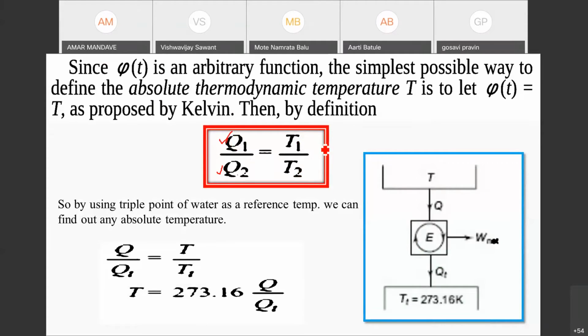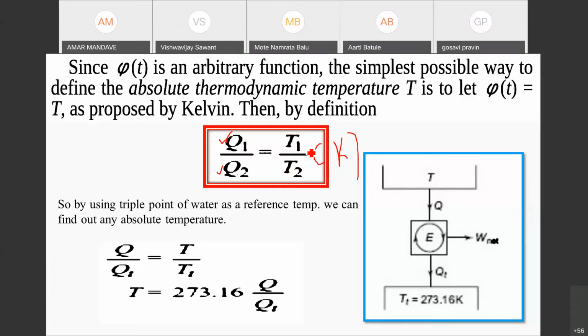But the assumption is that this scale will be in Kelvin, not in degree centigrade. The scale of this temperature should be Kelvin, degree Kelvin. It should not be degree centigrade. That is the assumption, and that is a very important assumption.